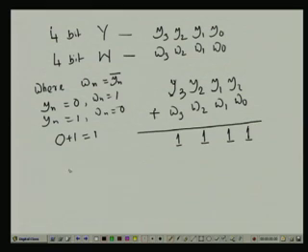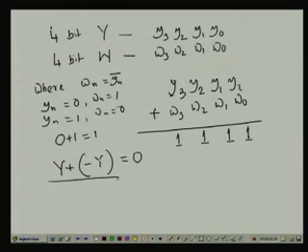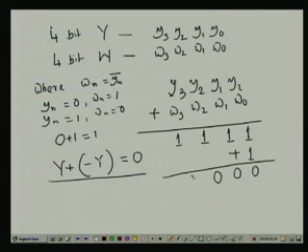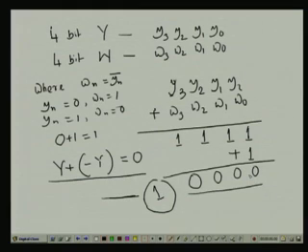Now, I want that y plus of minus y equal to 0. This should be the case. Now, if I add 1, then only it becomes 0 and a carry 1. So, if I neglect this carry, or this overflow, if I drop this one, then my y plus w becomes 0.